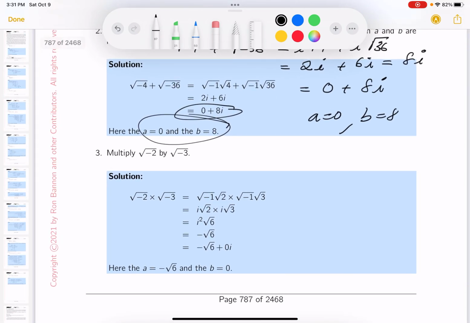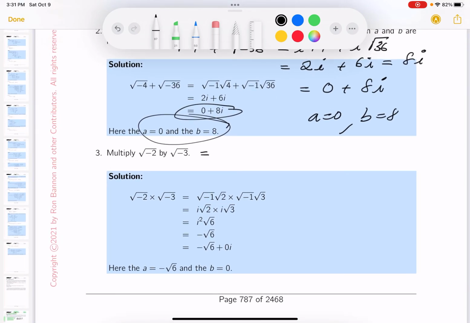Next one says multiply. And again, just trying to get across to you, if you're going to multiply this guy over here, that would be minus the root of -2 times the root of -3. You must do the i's first. It's going to be i root 2 times i root 3. Well, it's pretty easy to do. I'm going to commute things around and associate the i with the i. That would be i squared and root 6.